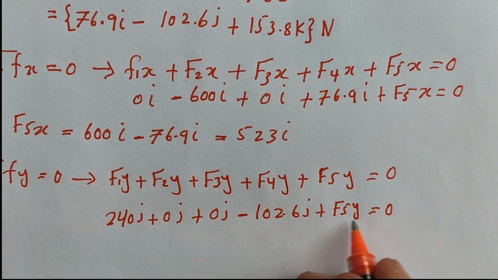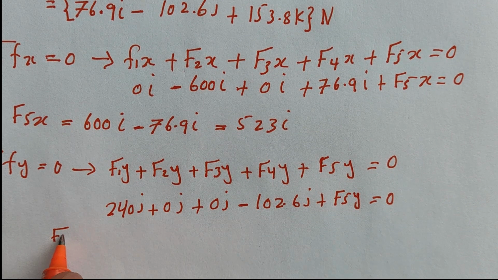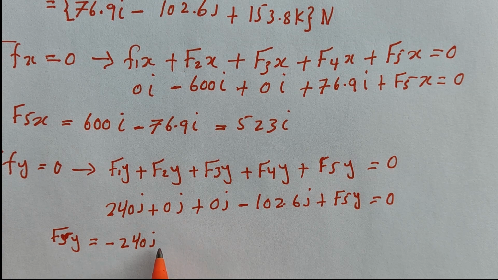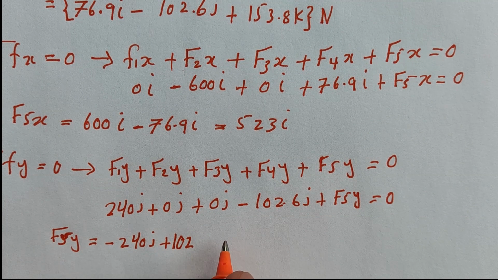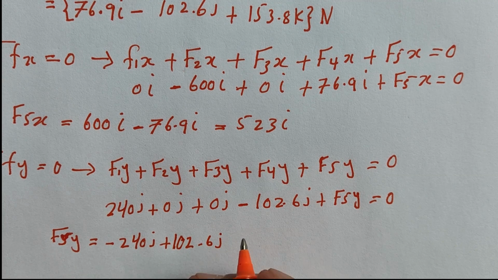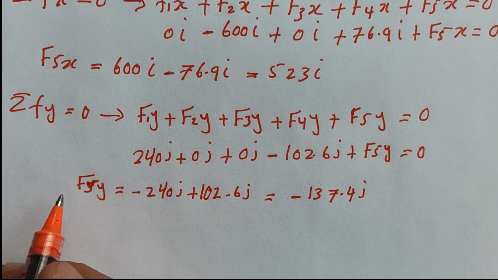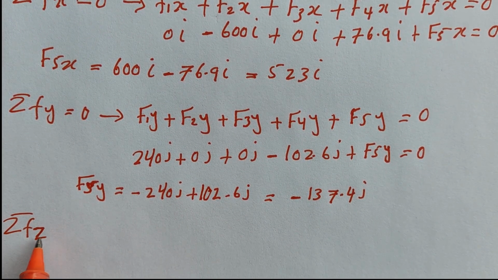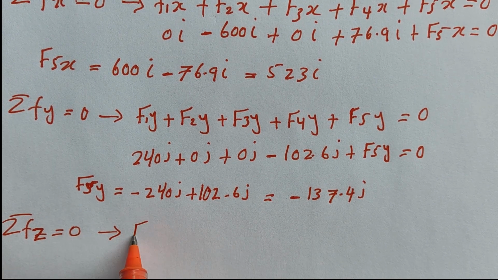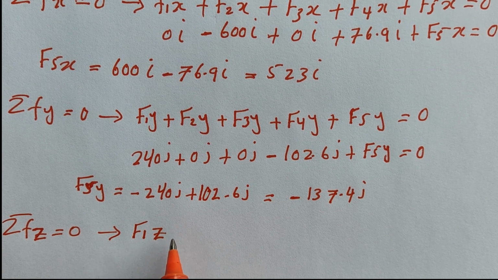All of that should equal 0. So F5 on the y-axis equals minus 240j when you get this to the other side, plus 102.6j, which equals negative 137.4j.